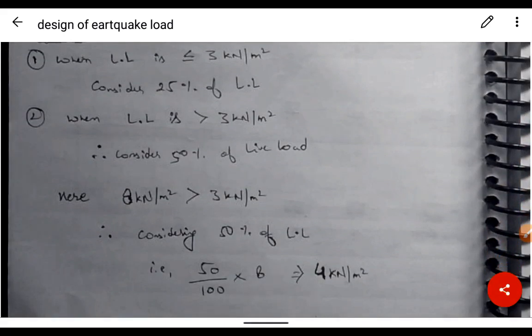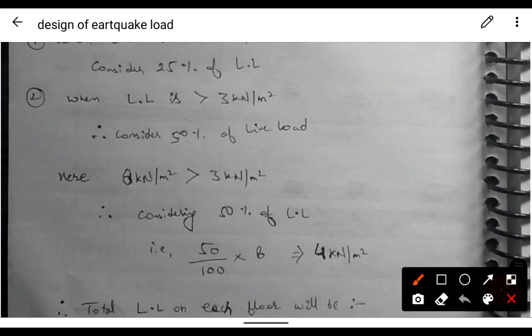As per the load given in our question, 8 kilonewton per meter square is greater than 3 kilonewton per meter square. So we are going to consider this condition for finding the live load. So 50% of 8 kilonewton per meter square would be 4 kilonewton per meter square.